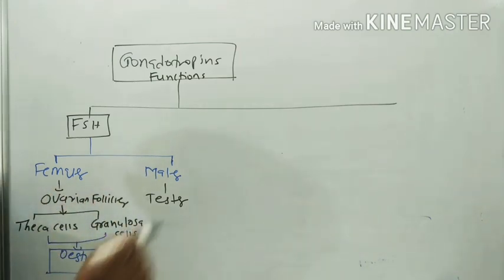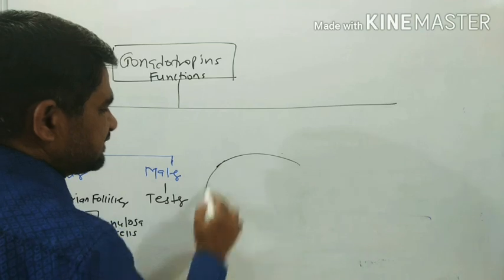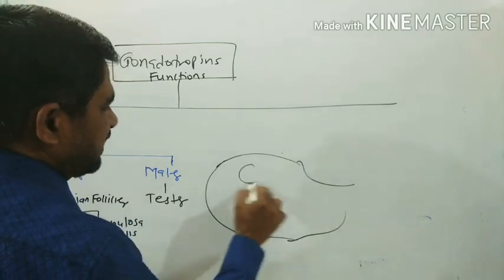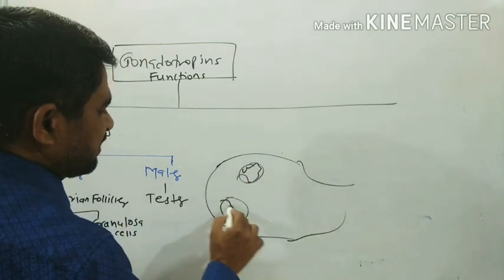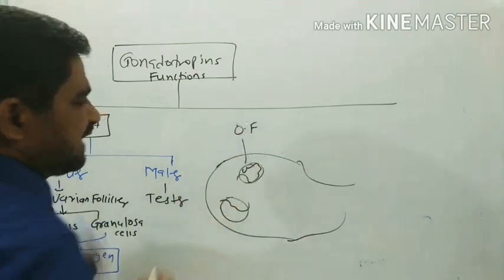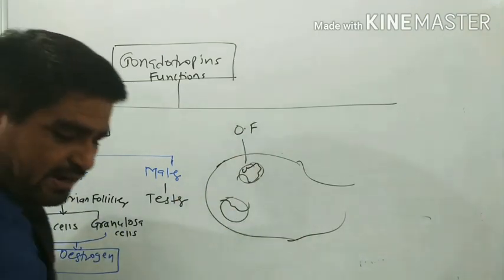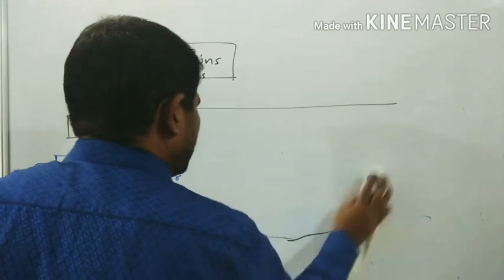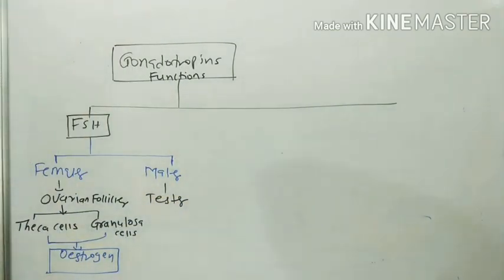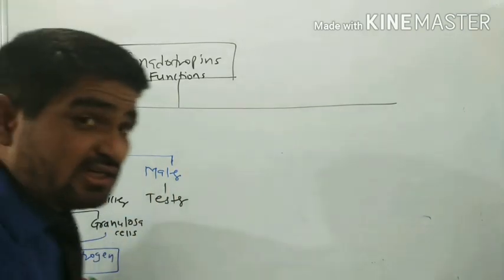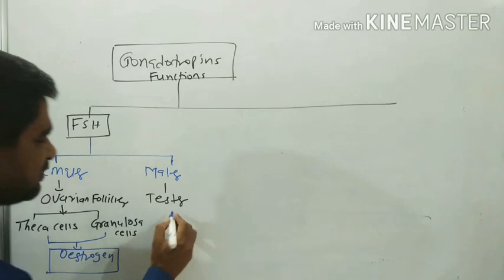If you see the structure of the ovary, there are a large number of follicles present. These are called ovarian follicles, and FSH acts on these. Within the ovarian follicles, there are theca cells and granulosa cells, from where estrogen is produced from cholesterol. In males, the action is very, very interesting. It acts on the testes.